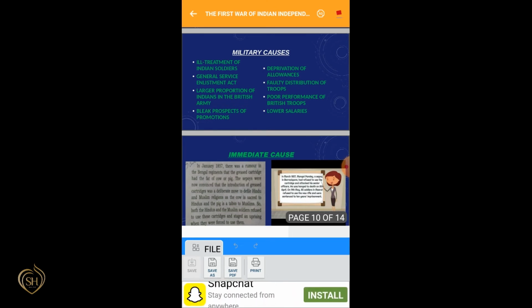The next point is poor performance of British troops. The British soldiers were given higher ranks irrespective of their performance. They were not well prepared, not well trained, they were inexperienced, but they were given higher ranks.